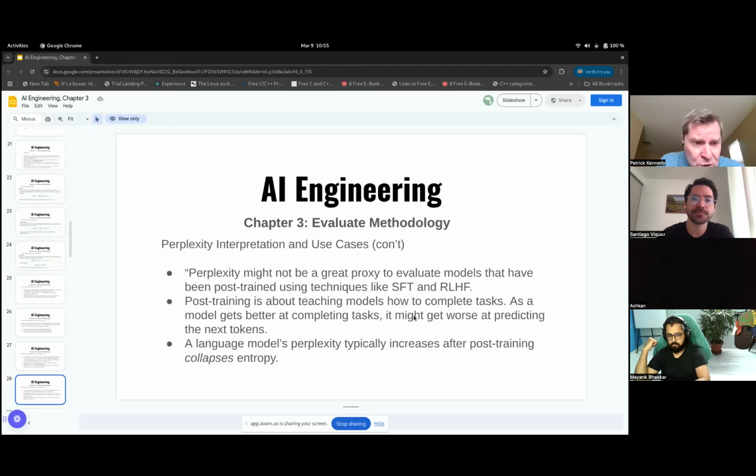So chapter 3, slide 28: perplexity might not be a great proxy to evaluate models that have been post-trained using techniques like SFT, which is supervised fine-tuning, and RLHF, which is reinforcement learning, and I forget what HF is.